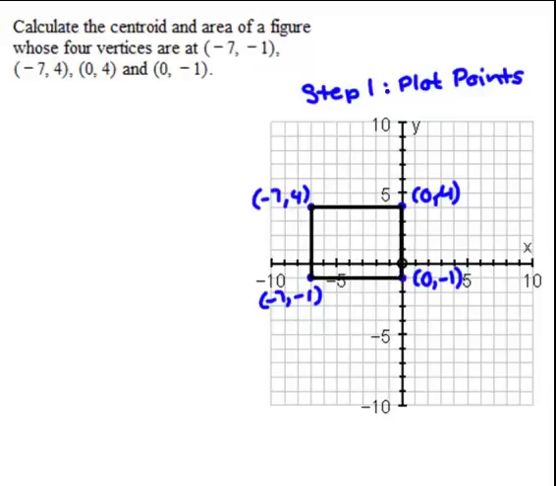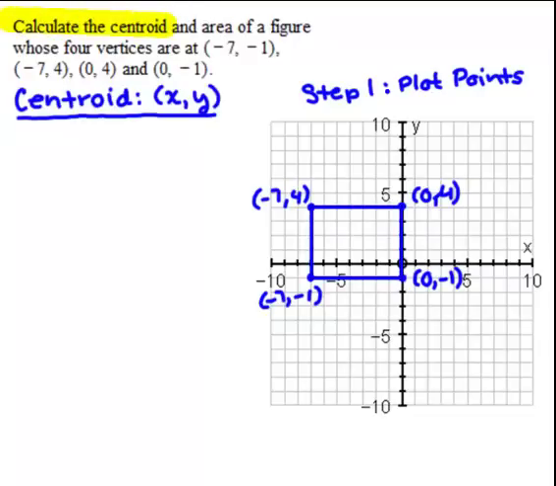And now I'm ready to do the first part, which is calculate the centroid. The centroid is an xy point in the center of a figure. In order to calculate the x value of this xy point, you're going to essentially find the average of all of the x values given.